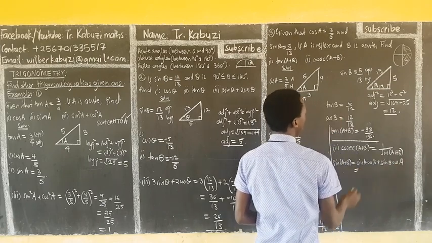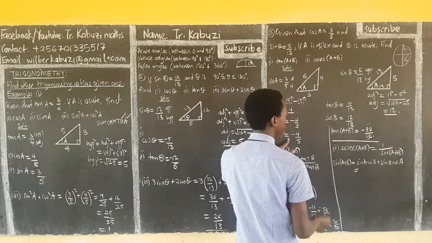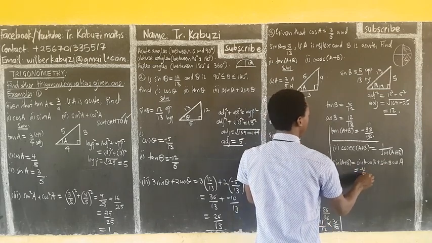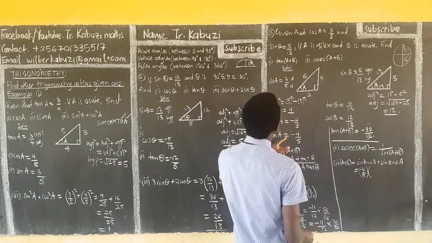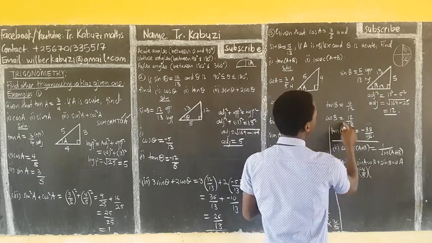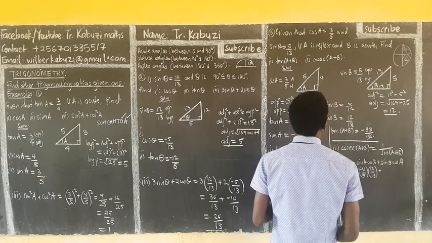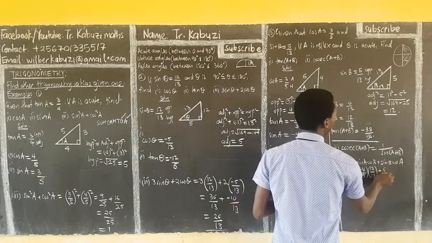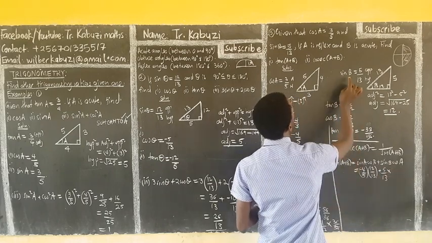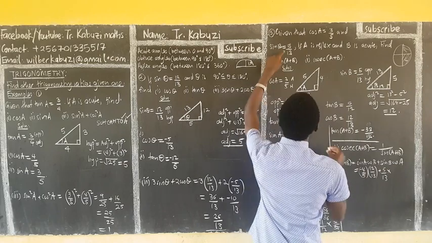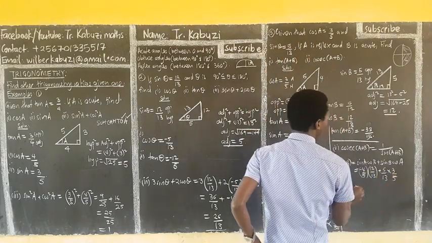We just substitute our sine A. Where is our sine A? From here, our sine A is negative 4 over 5. Then times our cos B. Our cos B from here is 12 over 13. Then plus our sine B, which is 5 over 13. Then times our cos A. From here, our cos A, which is 3 over 5. And there we just simplify.